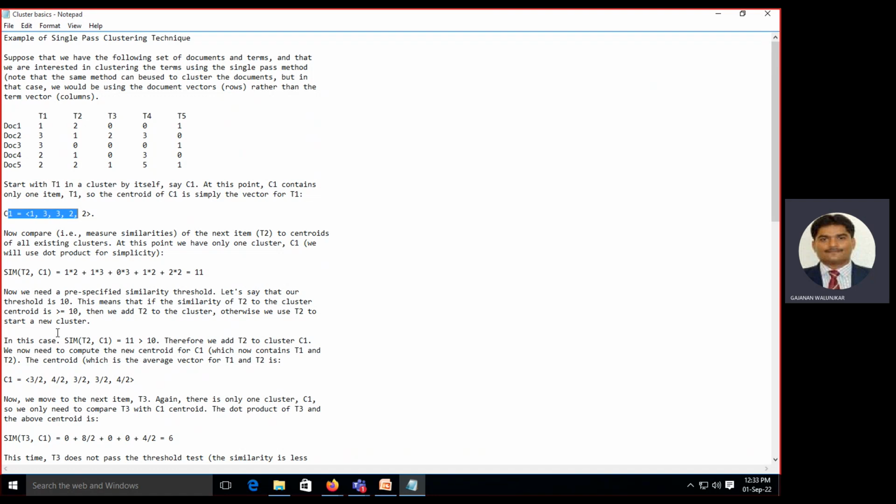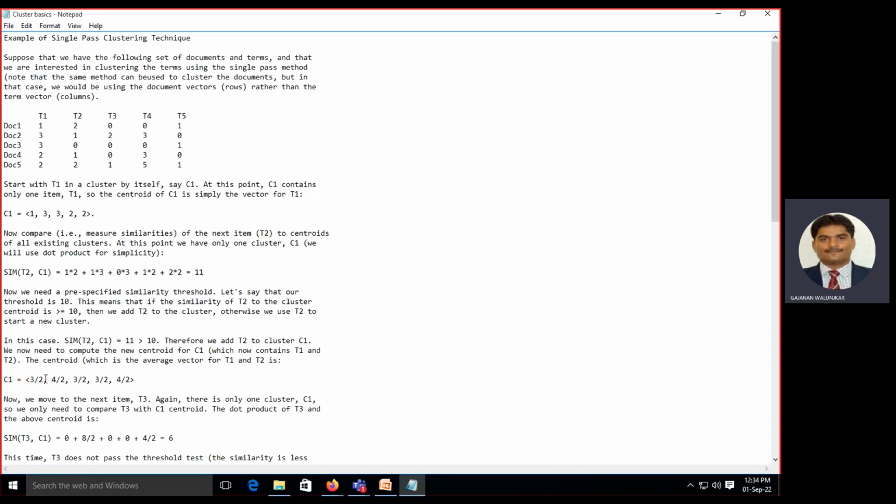Here, when you have to update the centroid value of this particular C1, you write C1 is 3 by 2, comma, 4 by 2, comma, 3 by 2, comma, 3 by 2 and 4 by 2. Those are the values you are supposed to consider here. Why 3 by 2, 4 by 2?